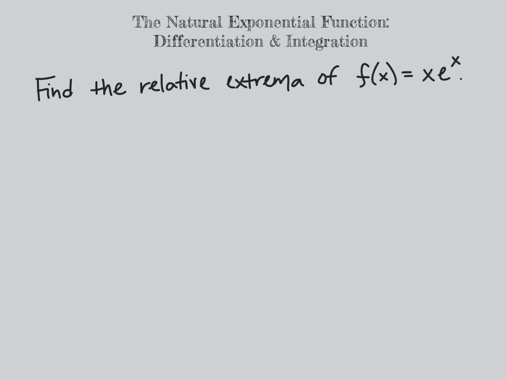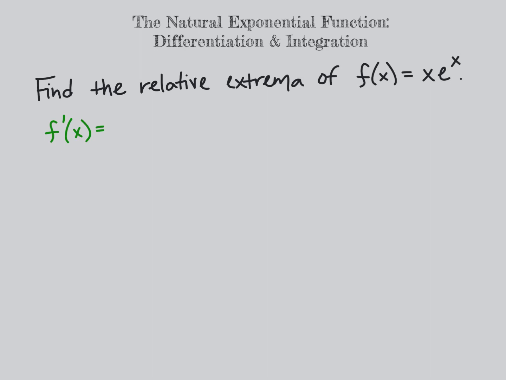Now let's apply using the derivative of e to the x. So we want to find the relative extrema of the function f of x equals x e to the x. Recall, finding the relative extrema is simply one of the many applications of finding a derivative. So our first step is we want to find the derivative f prime. Well, in this case, we can see that our function is clearly a product where both factors in that product involve the variable x.